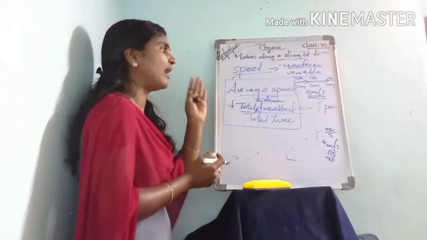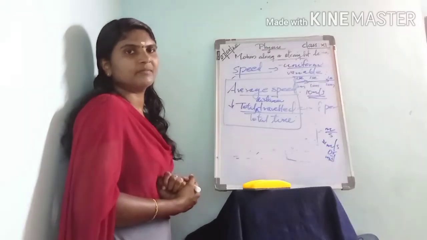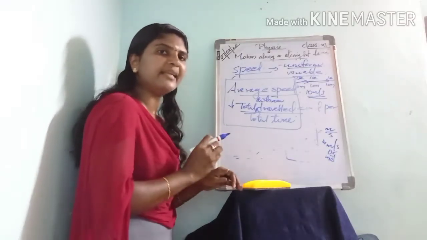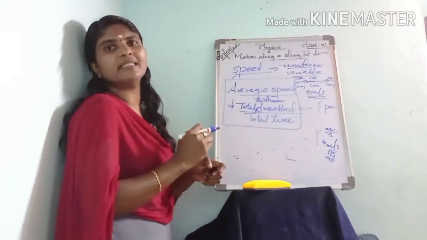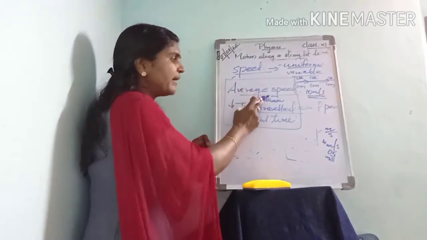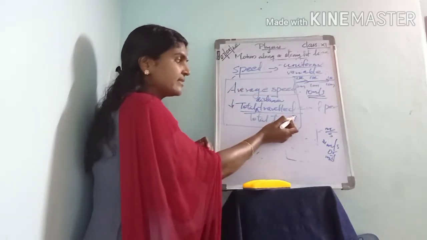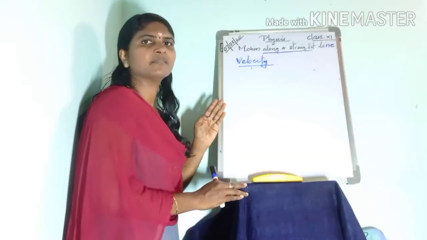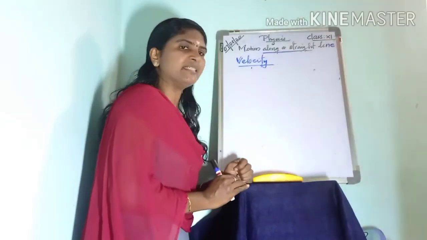So the average speed is equal to total distance travelled divided by total time taken.